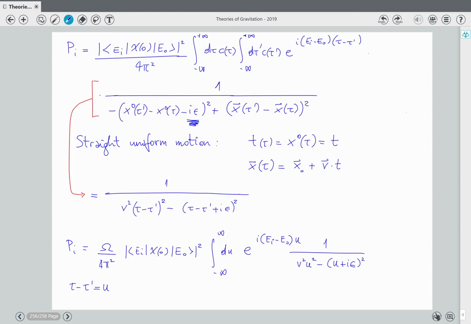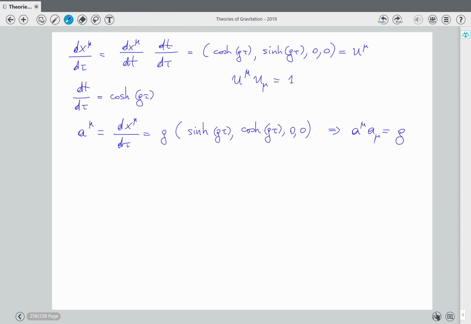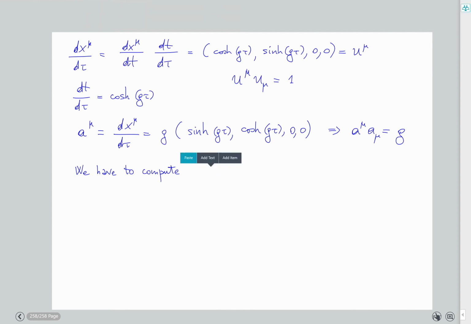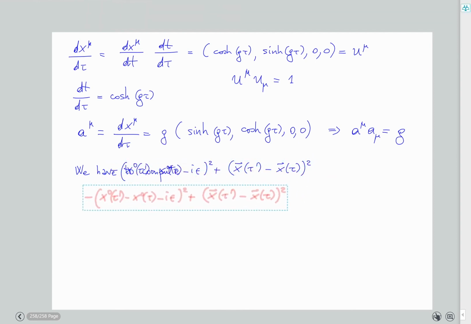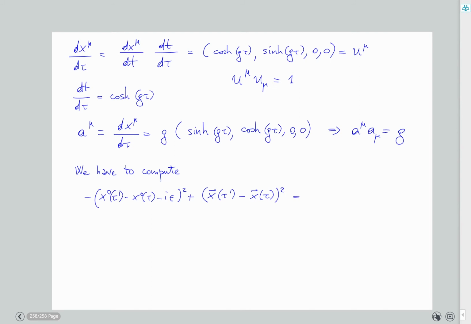The annoying part is, basically, how to treat this i epsilon. But apart from that, it's just hyperbolic cosines and hyperbolic sines. But there is a trick, some annoying part there. So we have to compute this. So let's do it.